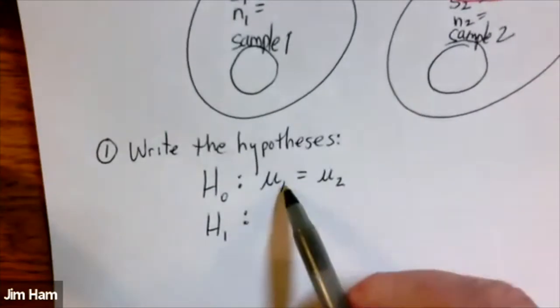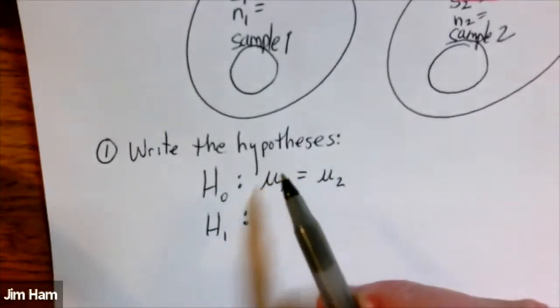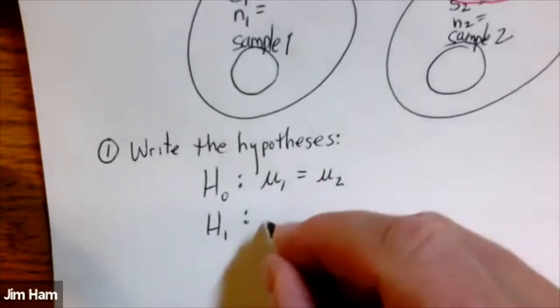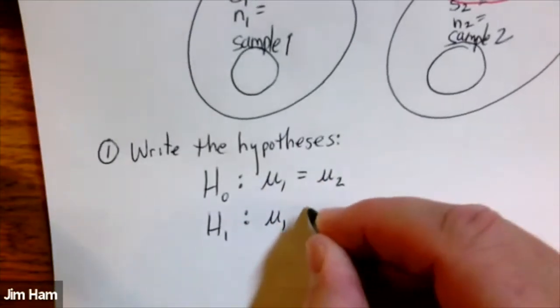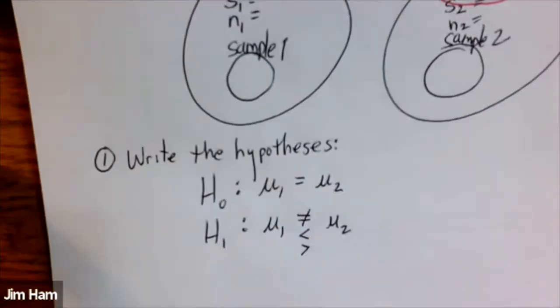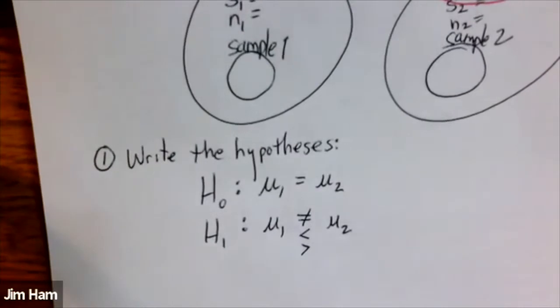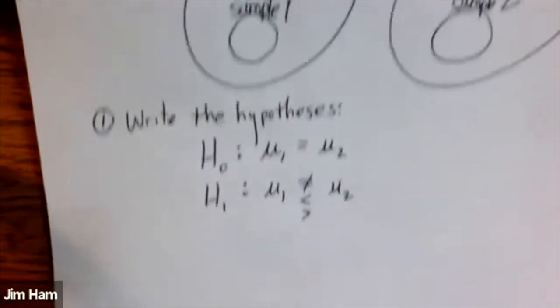So we're comparing two population means. The null hypothesis is a statement that the two means are the same. The research hypothesis is going to involve the not equal to, the less than, or the greater than. And then you'll want to be sure to define both of those means: the population mean of the first group, the population mean of the second group, and say it in context.